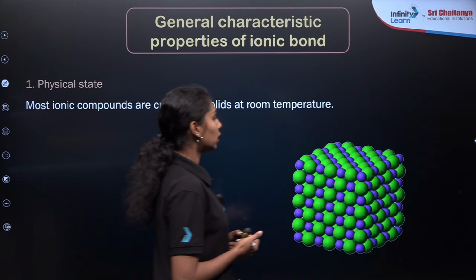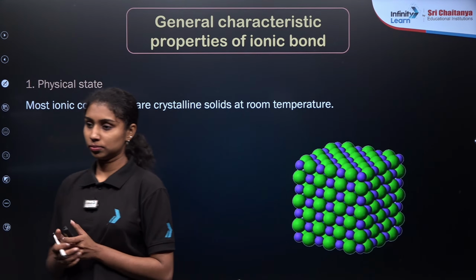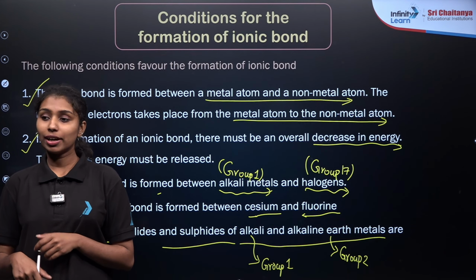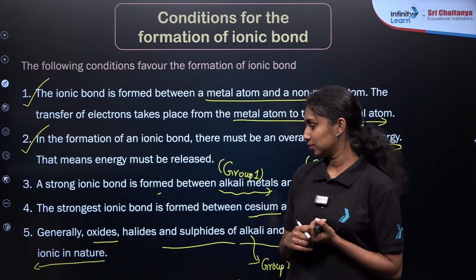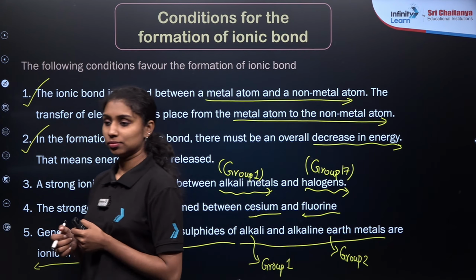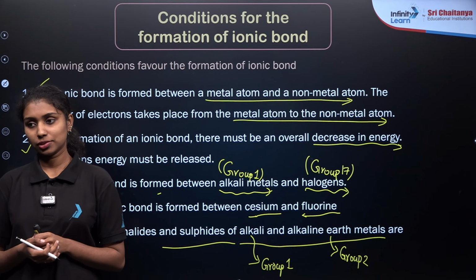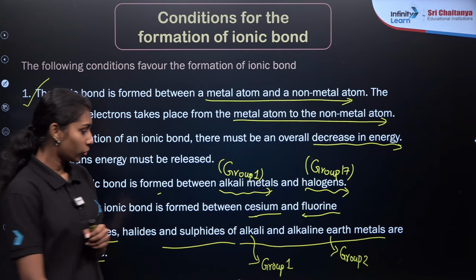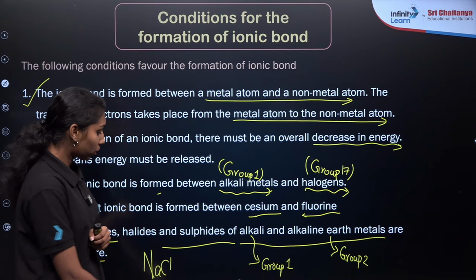Now let us talk about the physical properties of ionic compounds. What do you mean by halides? Those containing the halogens, right? Sodium chloride is an example of a halide.